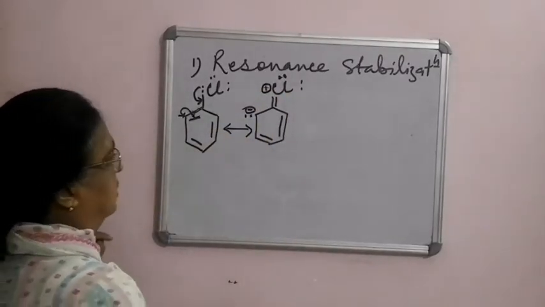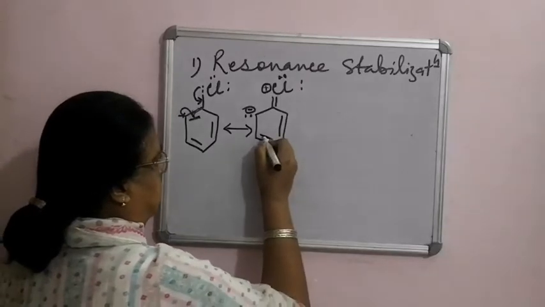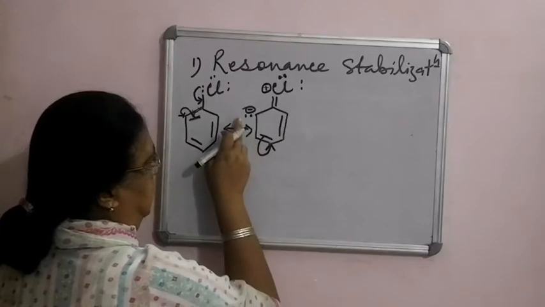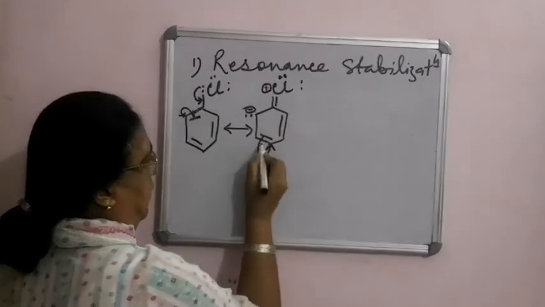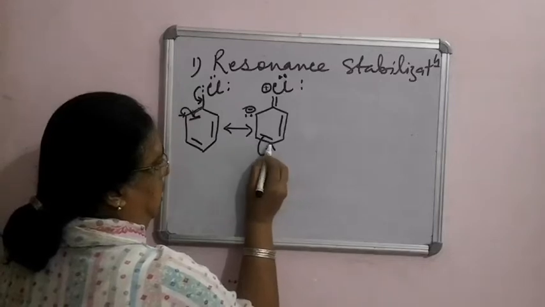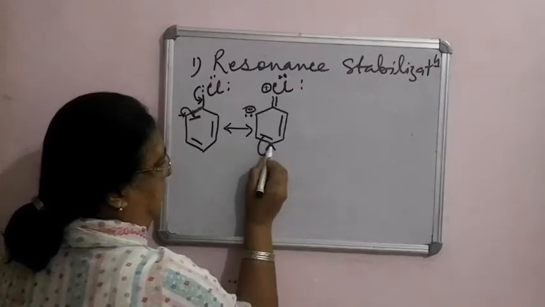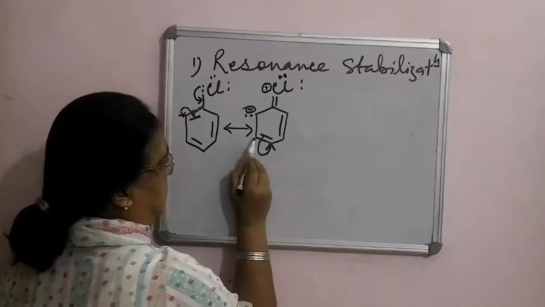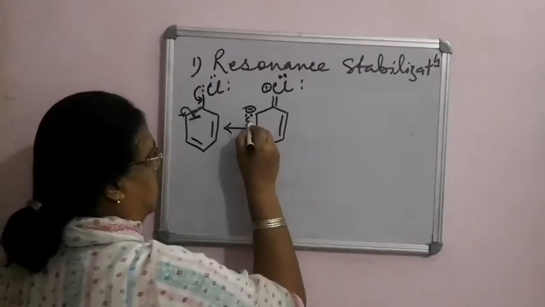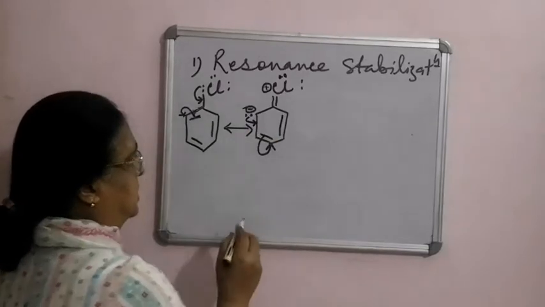Now this will further undergo resonance. It will be delocalizing this side, not that side, because of this pair. When this is delocalized here, there will be a lone pair of electrons, negative charge. Here will be a positive charge. Because of that positive charge, this lone pair will be delocalized.